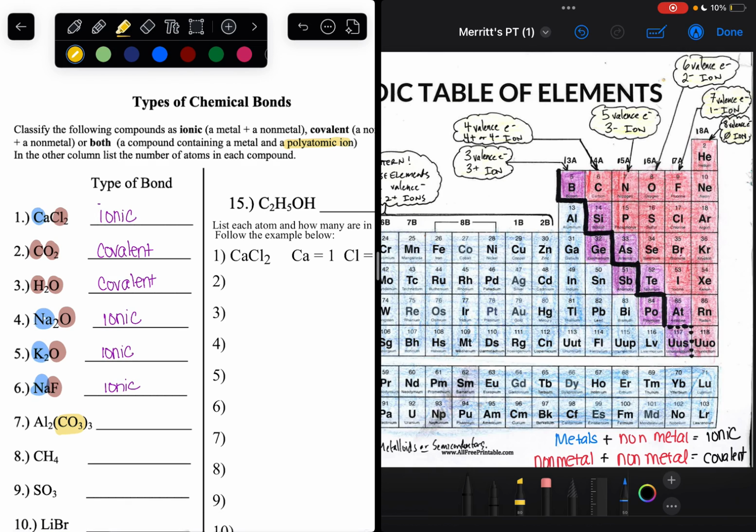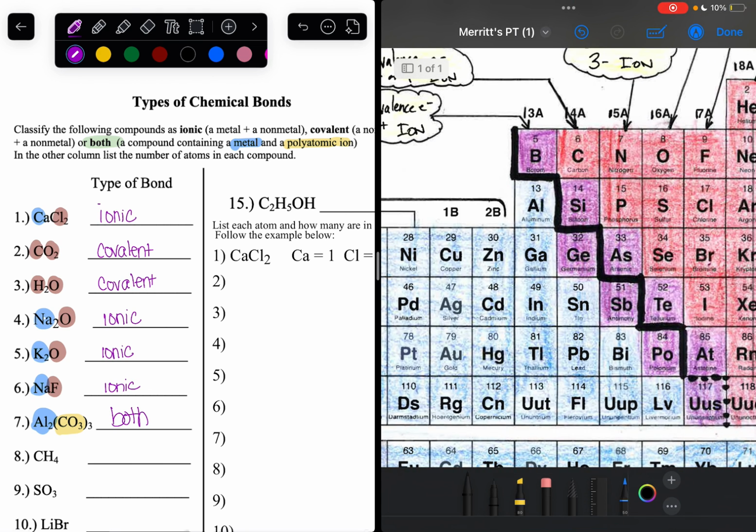So it's telling me here if I have a polyatomic ion plus a metal, that's going to be considered both types of bonds happening there. So I have a polyatomic ion here. I'm going to check my periodic table, and aluminum is a metal. So I'm going to label that this one is both.